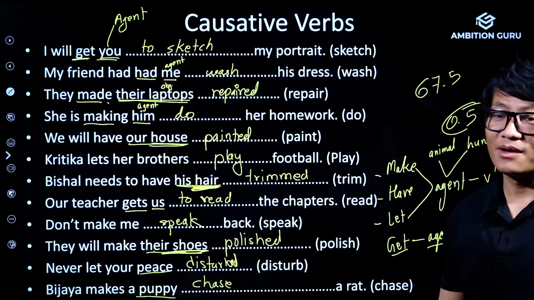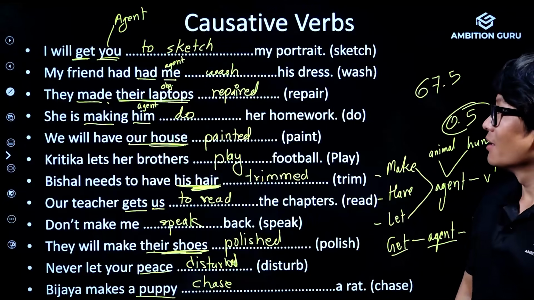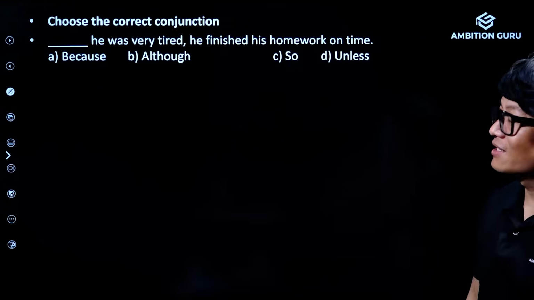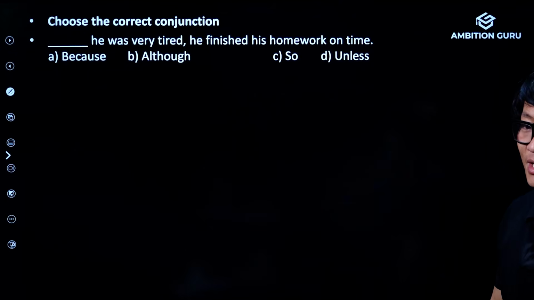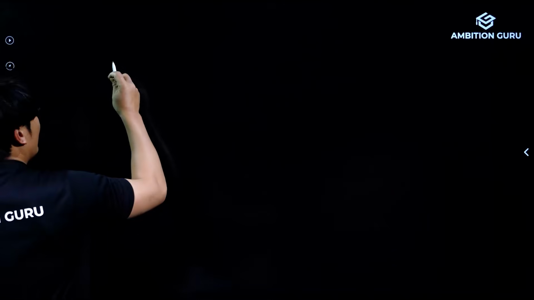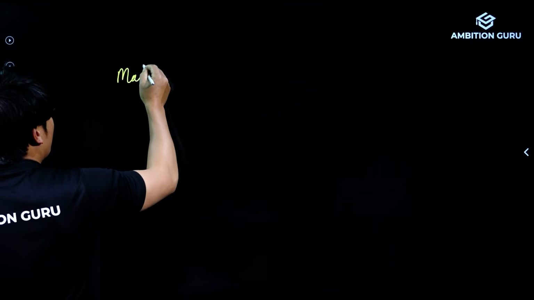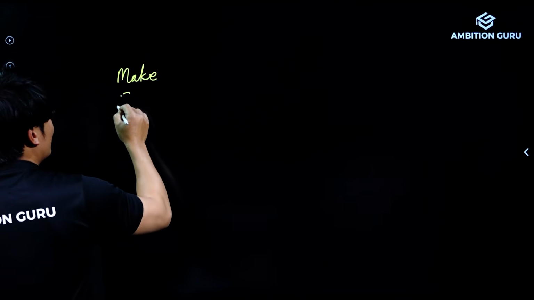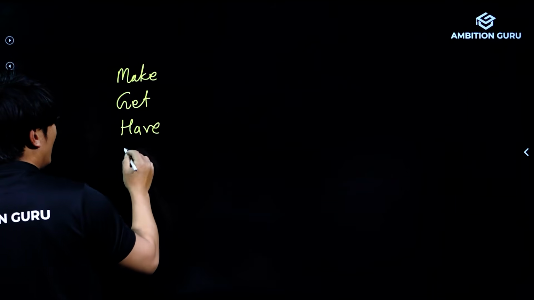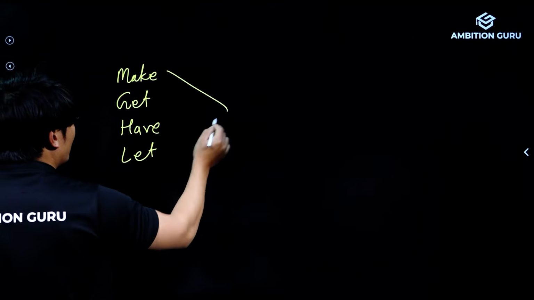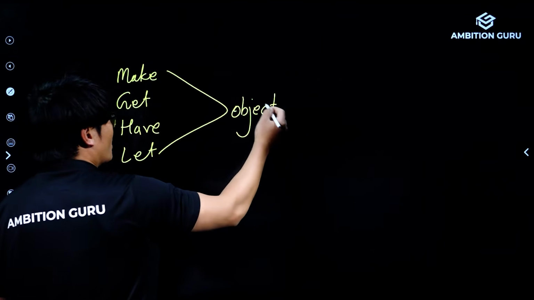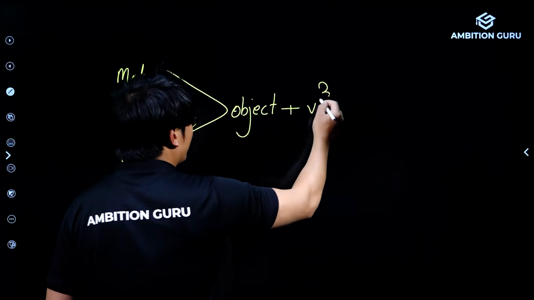Conjunction also remains, but we cannot do conjunction today. But let me write here: make, get, have, and let. After these, if there is an object, then there should be direct verb 3.